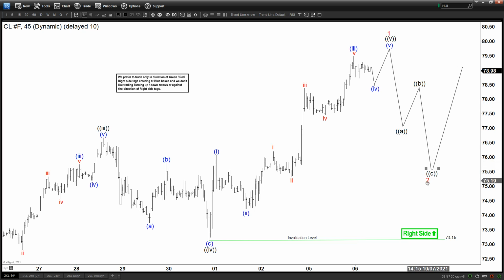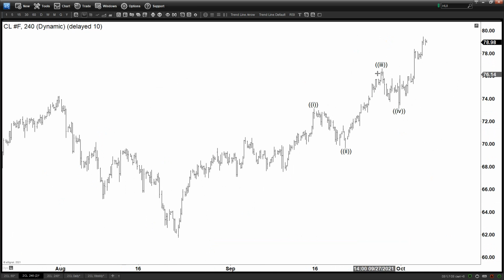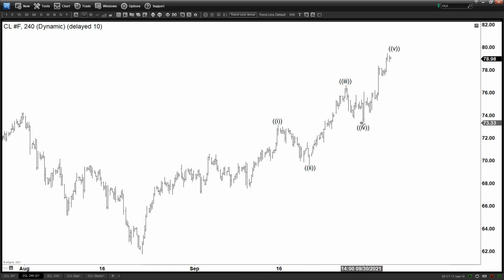So let me zoom out to the 4-hour chart. And remember, this is a 5, 3, and 4 here. So this is 3, 4. We're looking to end the 5. So at minimum, as I said, we are close to ending this 5 waves up. If this count is correct, then we could potentially also end somewhere around this cycle.